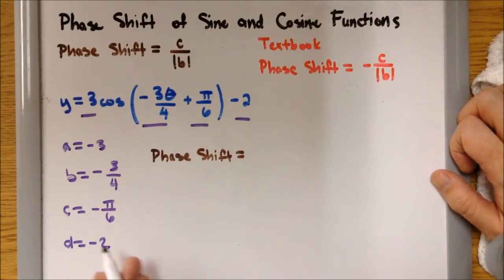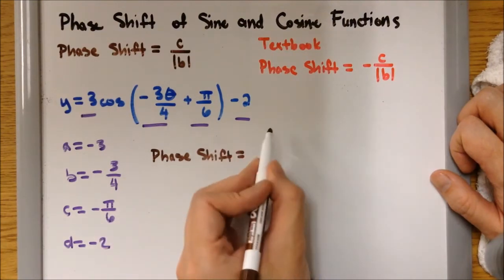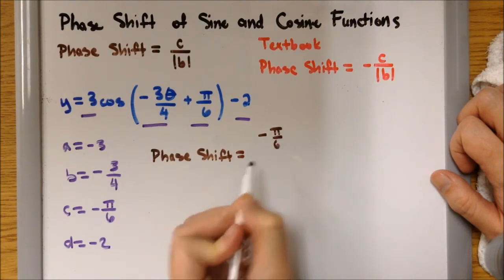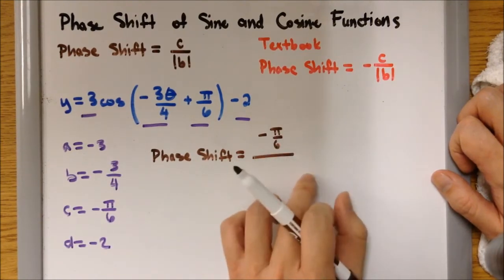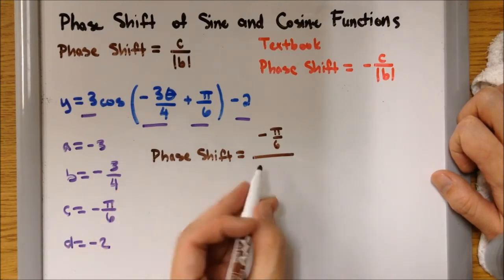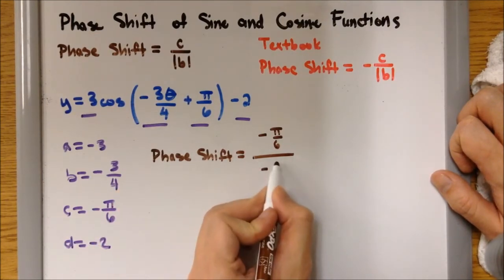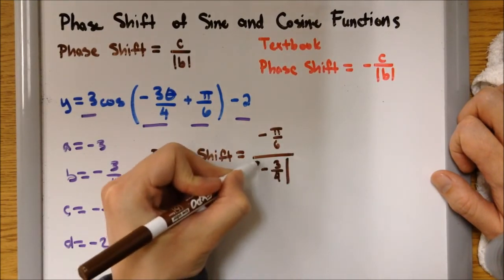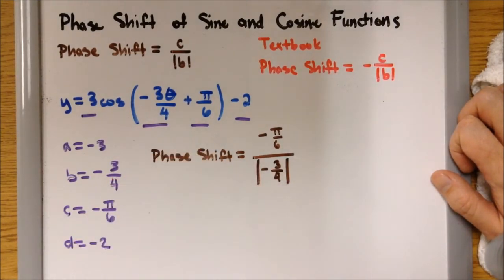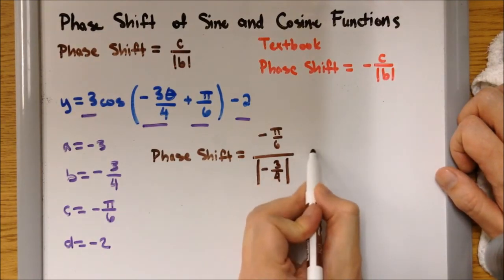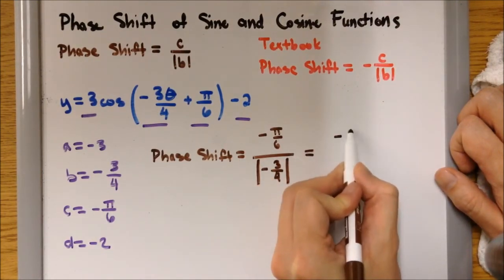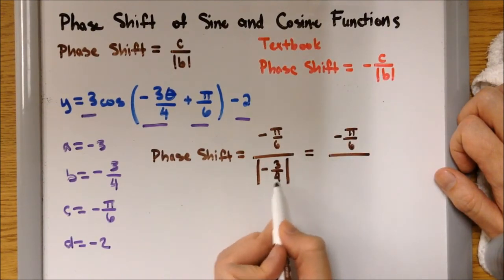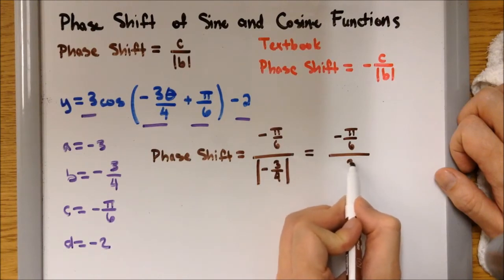So, the opposite of C, our C value is going to be negative pi over 6 over, now we have a fraction for our B value. So it's going to be the absolute value of negative 3/4. Alright. So when we simplify that, I'm going to write it over here. It's going to be negative pi over 6 over the absolute value of negative 3/4, which would be just 3/4.